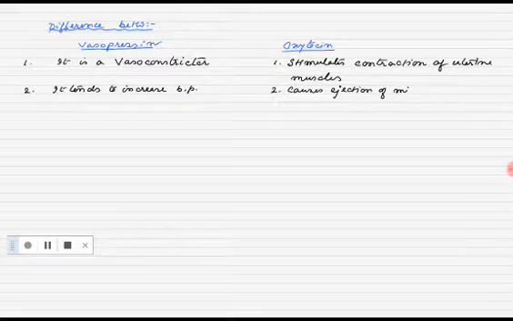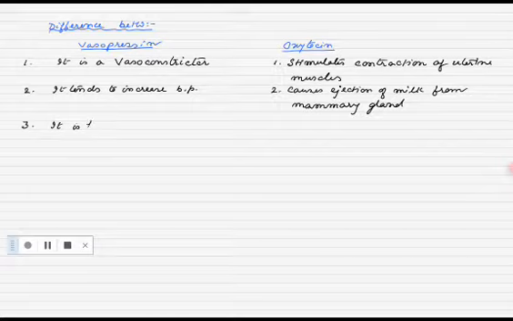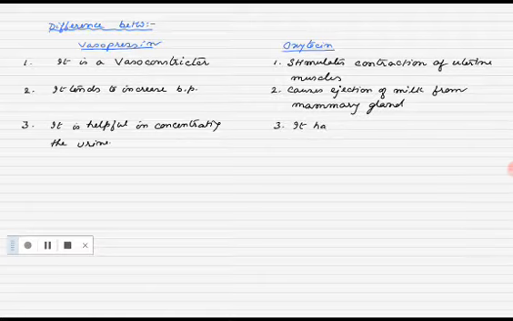Now again, vasopressin is helpful in concentrating the urine, whereas oxytocin has no such activity.